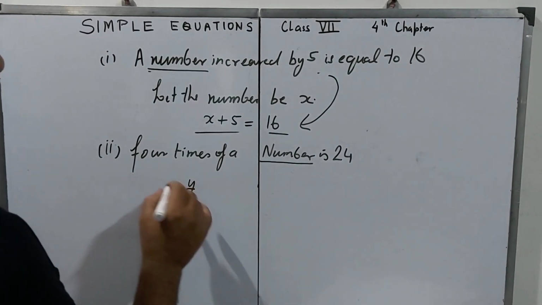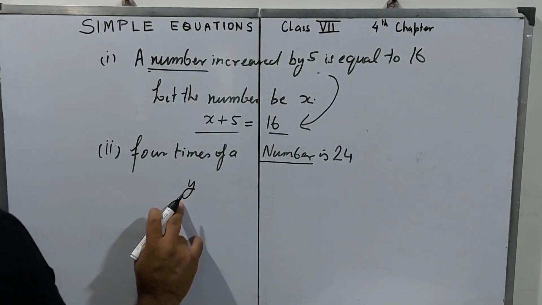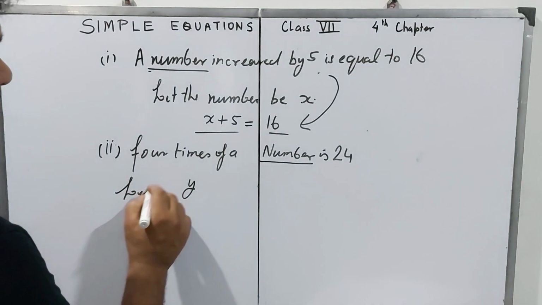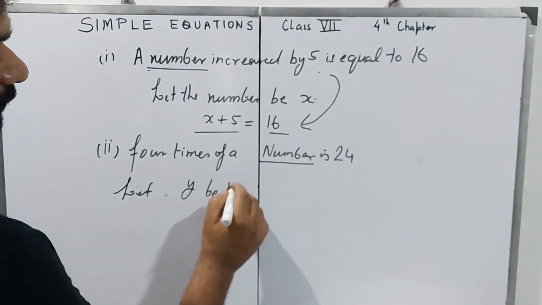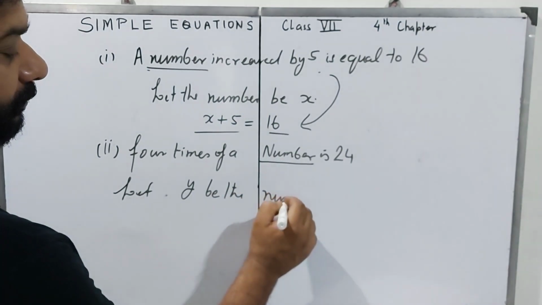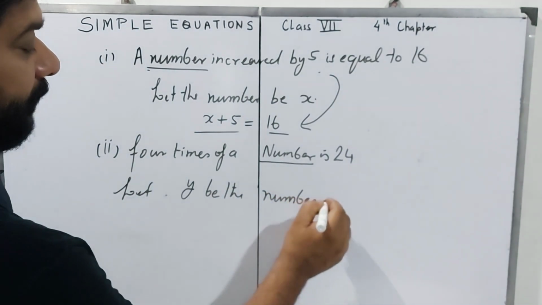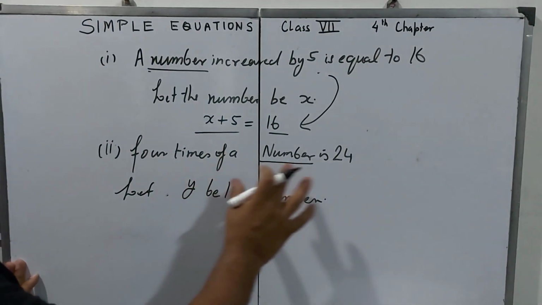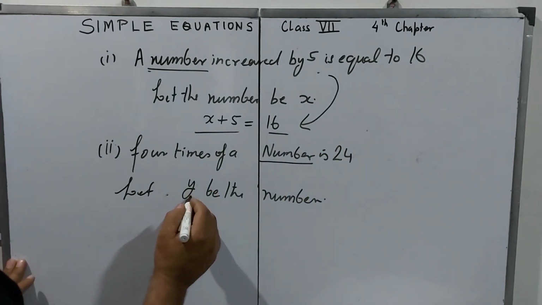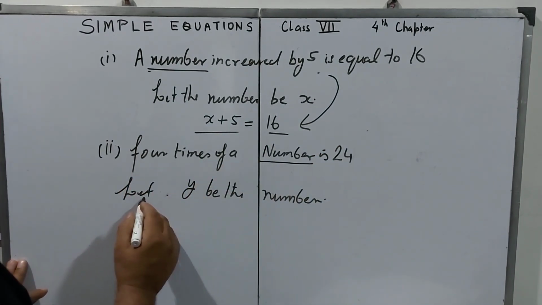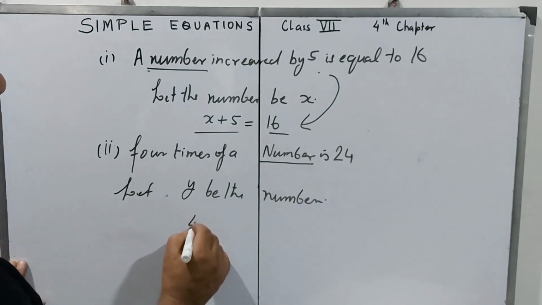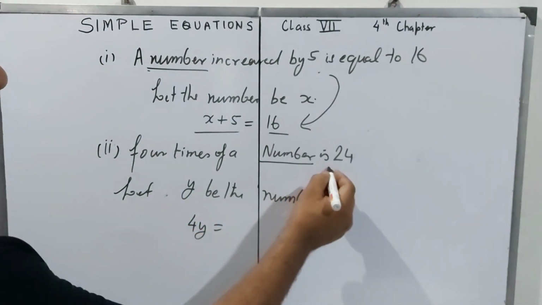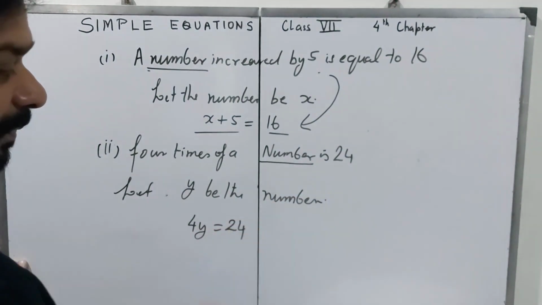So y is the unknown number. Let y be the number. Then we convert this statement into the equation. 4 times the number, that means y is the unknown number, 4 times it means 4y, is equal to 24.